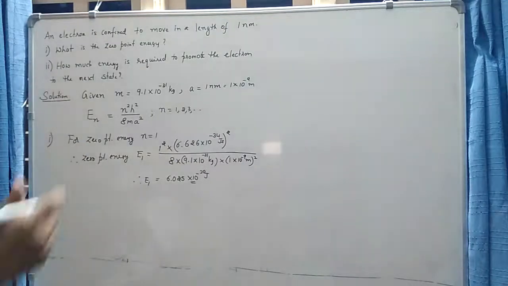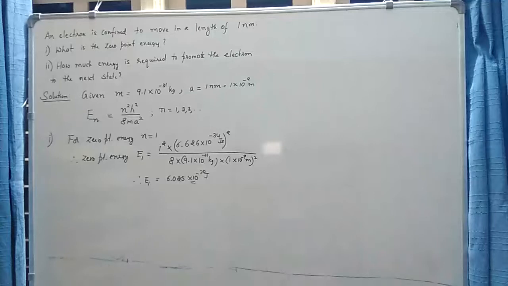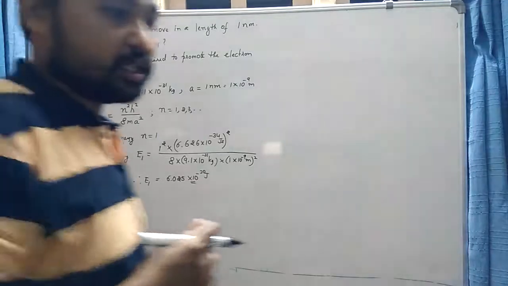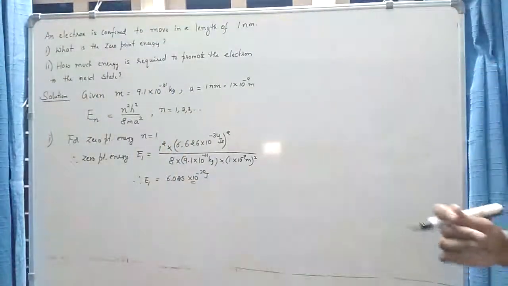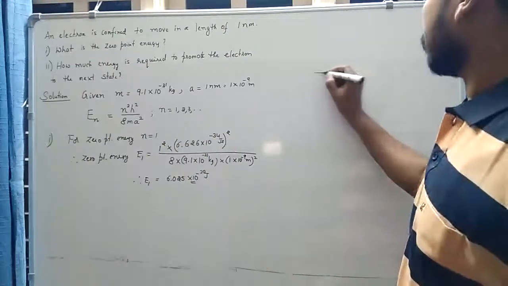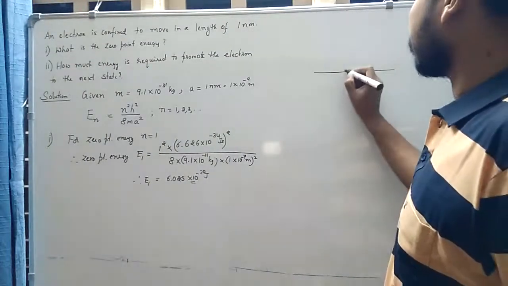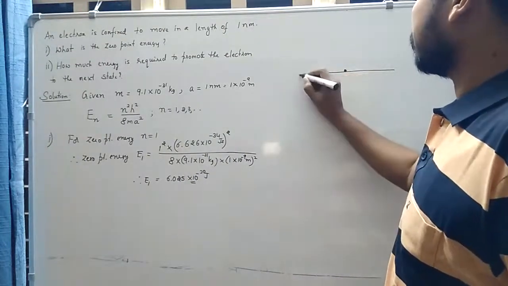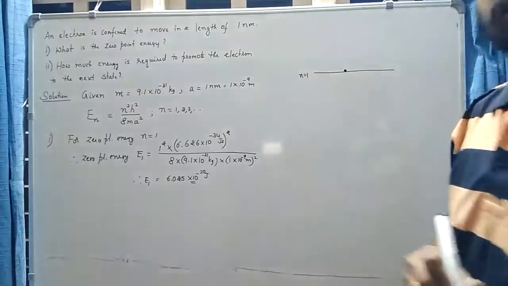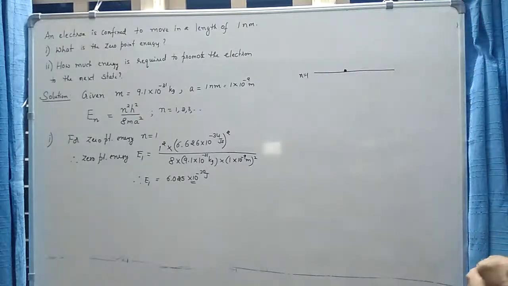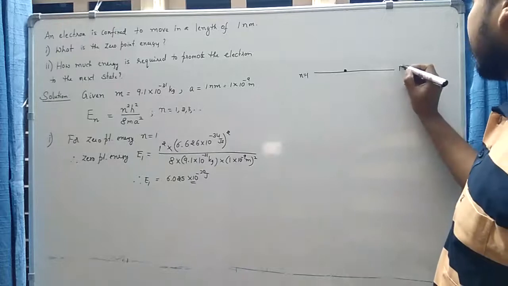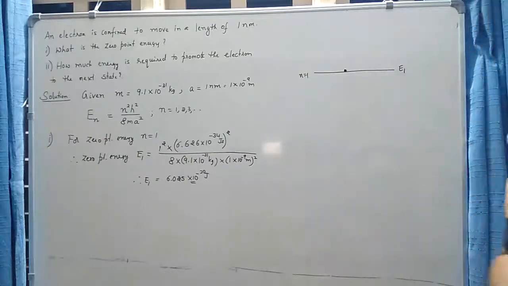So now let us try to answer the second question. How much energy is required to promote or to jump the electron to the next state? Let us try to understand this diagrammatically. Initially the particle is in its ground state, so the electron is in the state corresponding to n is equal to 1, which represents the ground state, where its energy is E1, that is the zero point energy.